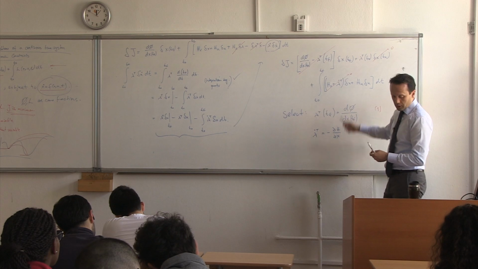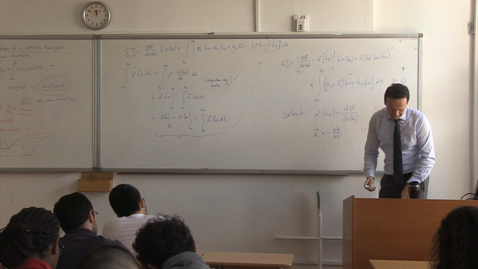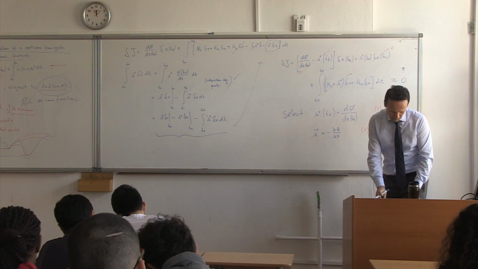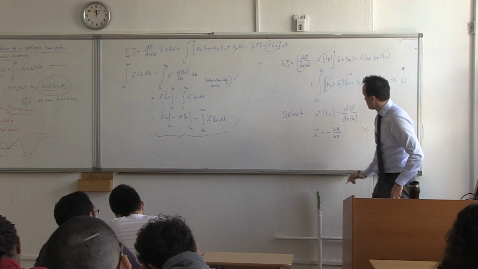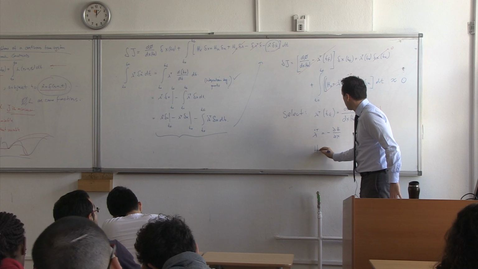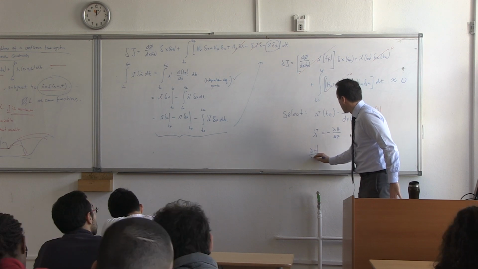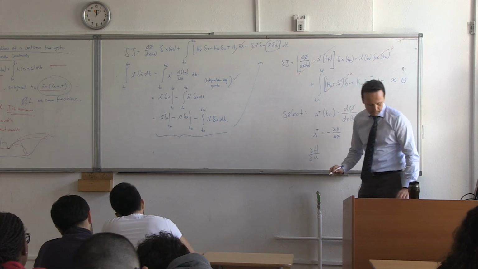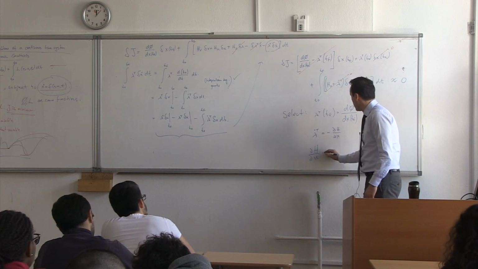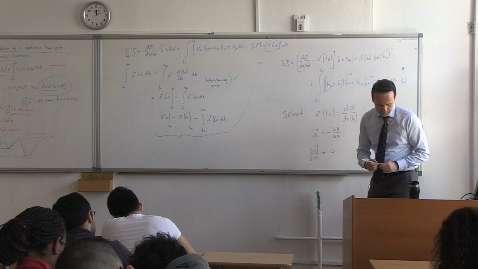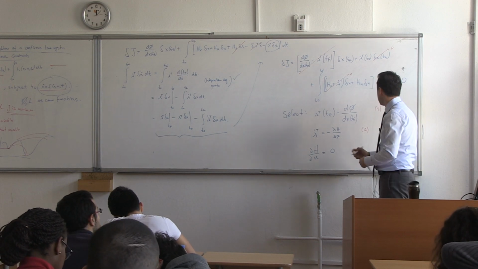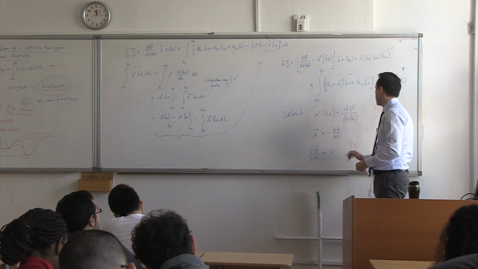And the final selection is here. If I choose del h del u to be equal to 0, this should happen.